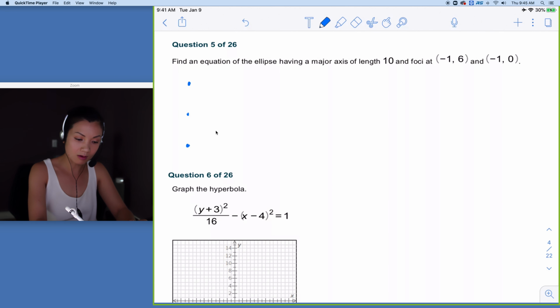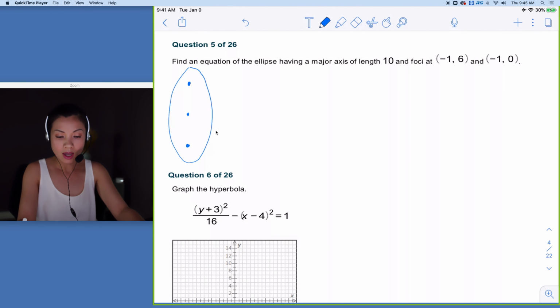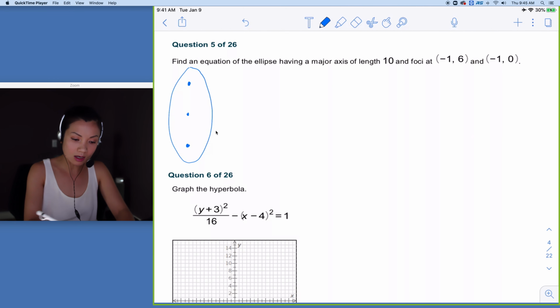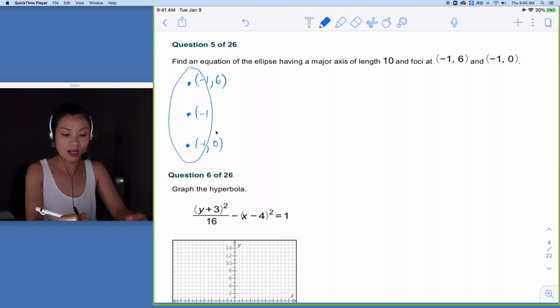So we have something like this for our vertices. Now, how do we figure out all the information? So you see that this is the center, this is (-1, 6), and this is (-1, 0). So the center's x has to be negative 1, and its y is the midpoint of 6 and 0, which is 3.